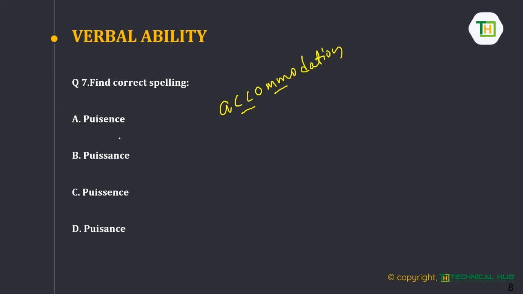So here the correct spelling is option B. That means this one. Okay, this is the correct spelling. And actually, what is the meaning of the word? The meaning of the word is nothing but a competition. See, a competitive test. Here also competitive, double T becomes T-I-T-I.